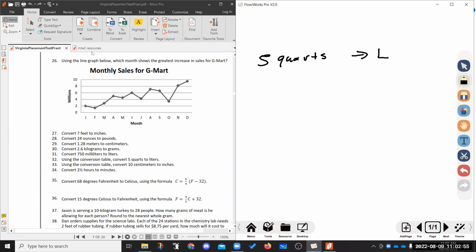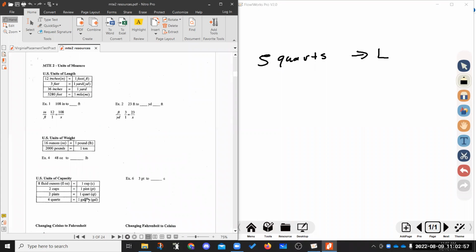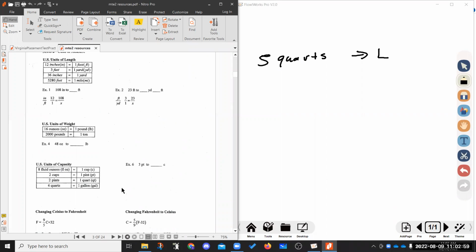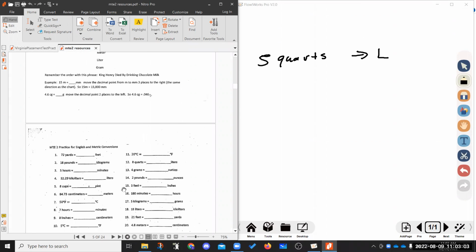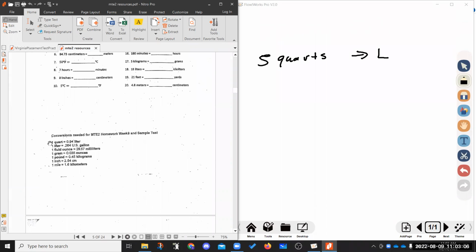In our conversion table, on the next page, quarts to liters is right there, 0.94. The top one.